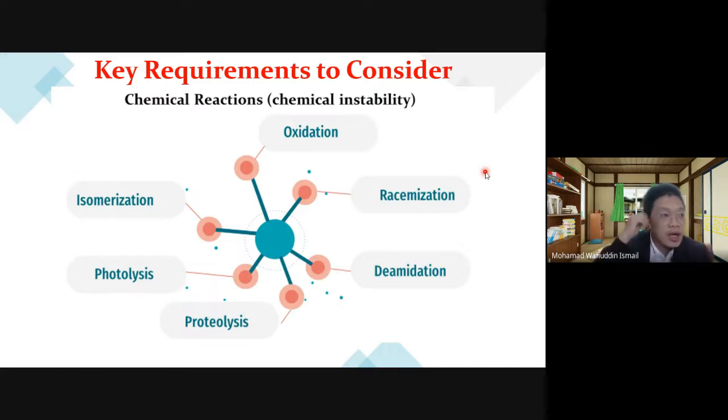Later on you can see this in general chemistry, in your earlier chemistry related to isomerization. Then we have deamination, the breakdown of the protein into amino acid groups, and then proteolysis, again a breakdown of the protein but into polypeptides. Then we have photolysis, reaction with photo aggregation, and then isomerization.